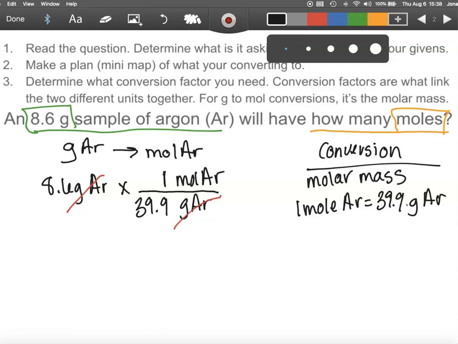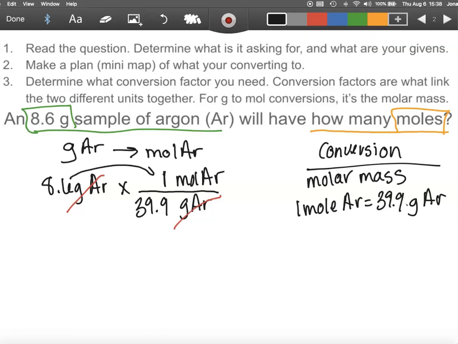And so now we have, this is a little different than last time. We have 8.6 times 1. What's 8.6 times 1? It's 8.6. Okay? And then what's left on the bottom, ladies and gents? We can't ignore what's on the bottom. It's 39.9. So this is what we have here. We have 8.6 times 1, which is 8.6.